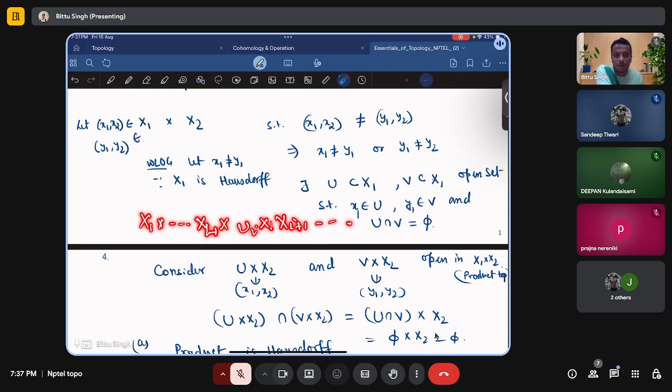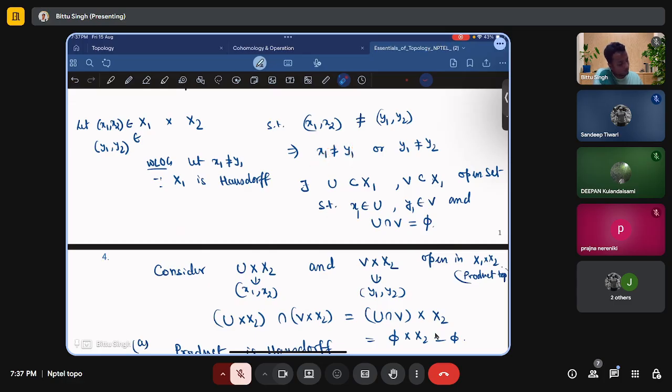For infinitely many things, how can we deal? For countably many things, the same way, and the same will be true for infinite; even if the index set is uncountable, there will be some i for which xi is not equal to yi.